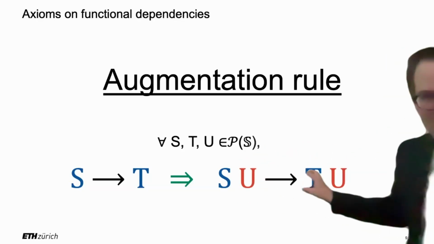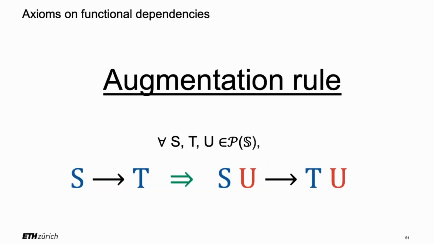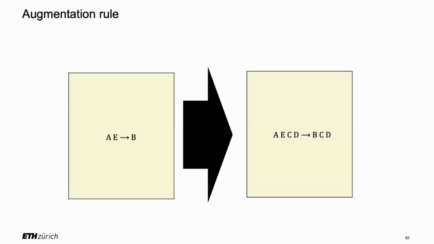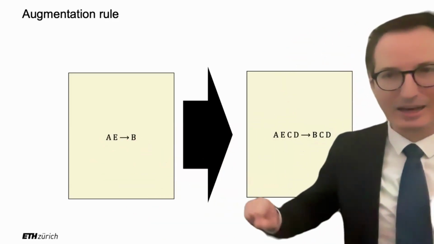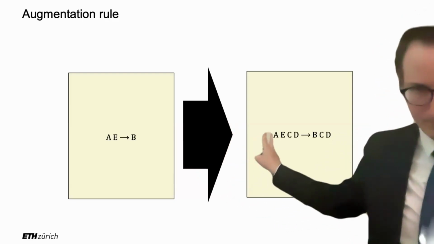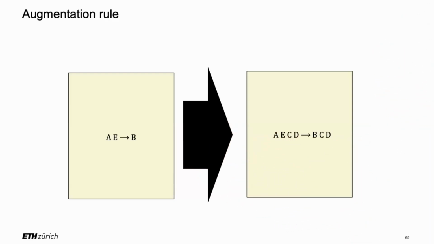T, you know it because of S, and U, you know it because of U, right? So here's a concrete application. If I have this functional dependency right here, I can add C and D on both sides, and that is still true.